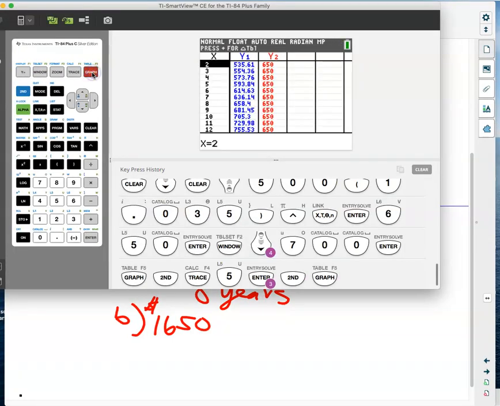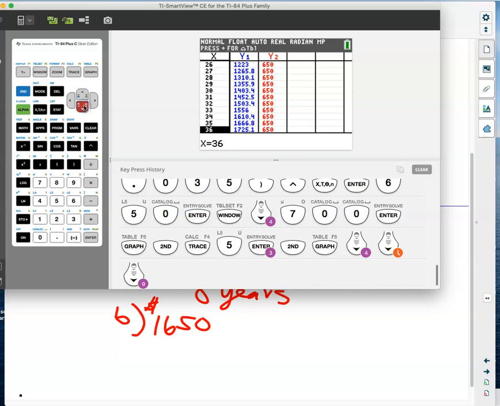Table is second graph. And I just want to keep scrolling down until I see $1,650, which may take a while with this one. So right there, after 35 years, we'll finally be up over $1,650.